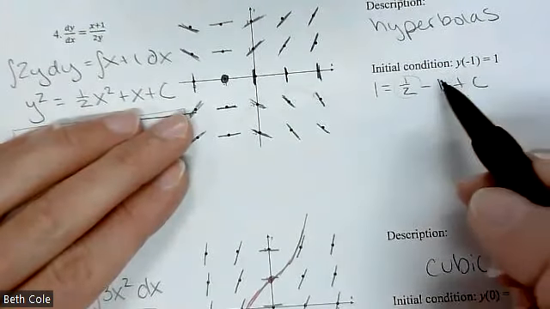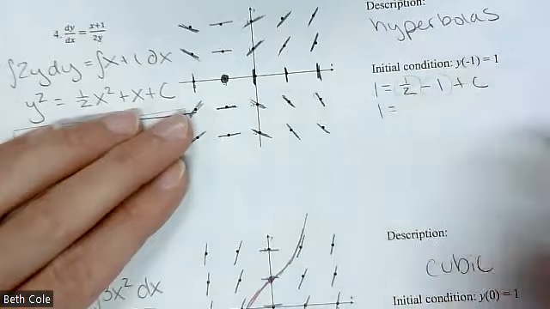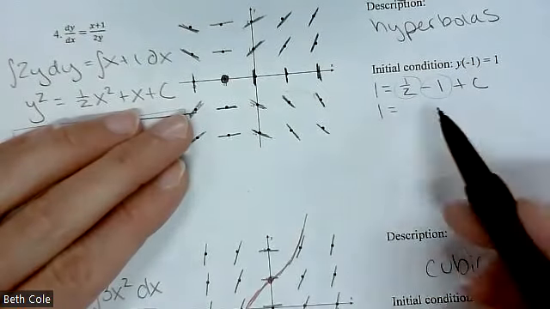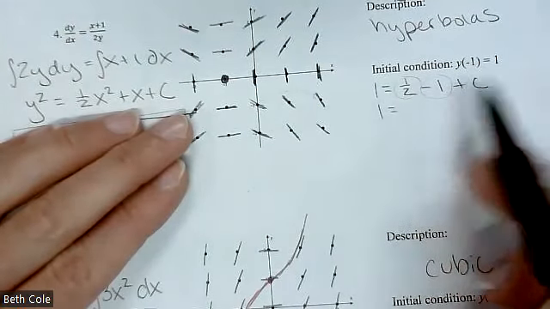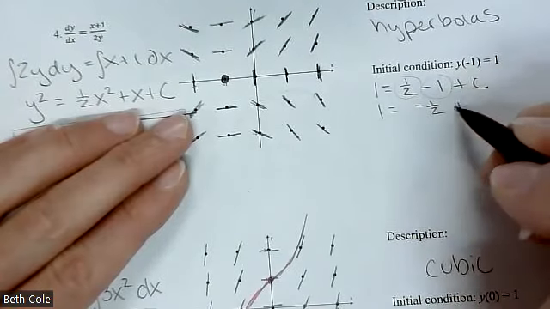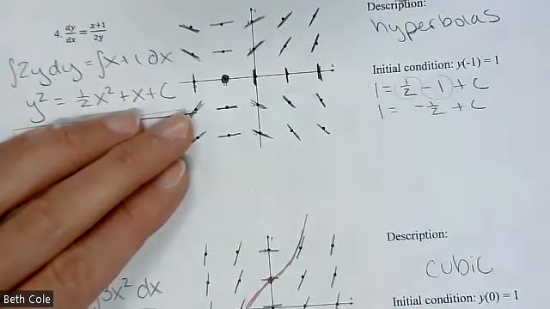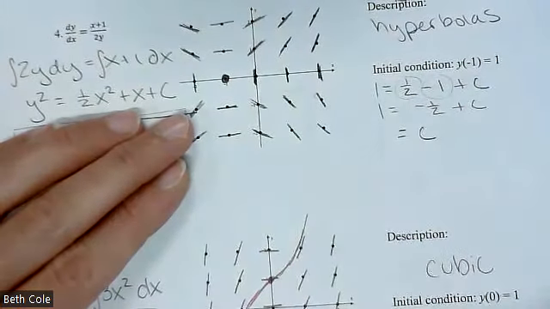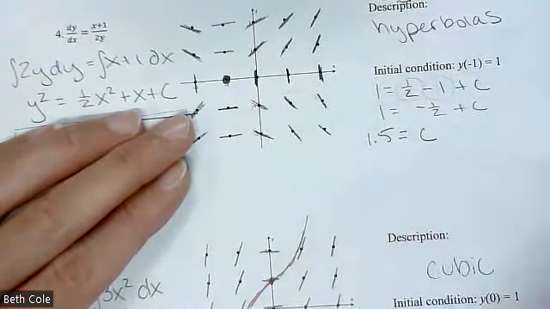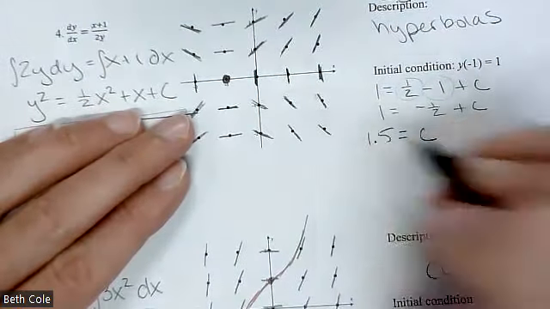So what is this going to give us? Let's put our like terms together there, so to speak. A half minus 1. Negative a half. And then add that over. So what is c going to be? Yeah, 1.5 or 3 halves, however you want to do that.